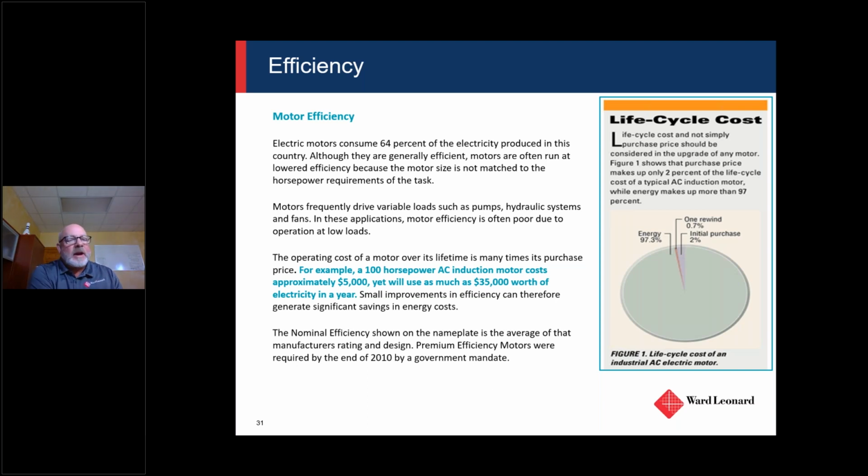Now they don't even manufacture those motors anymore. The new requirement is that everything is premium efficiency, and that has a lot to do with how much electricity is used by electric motors, and just in the grid in general. There's just a ton.